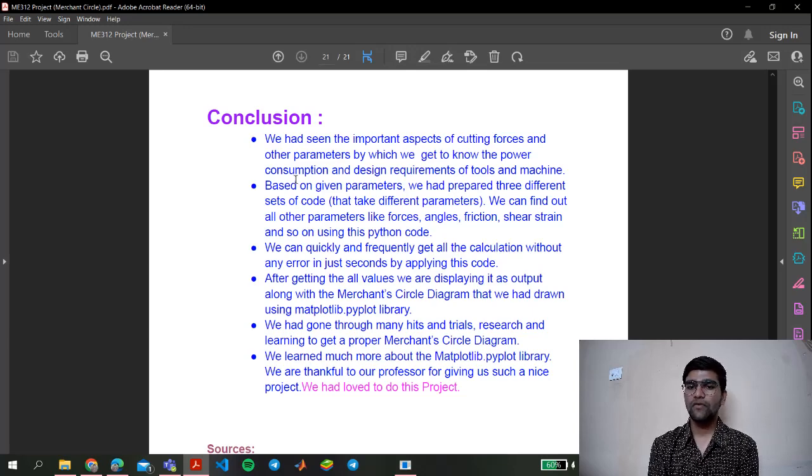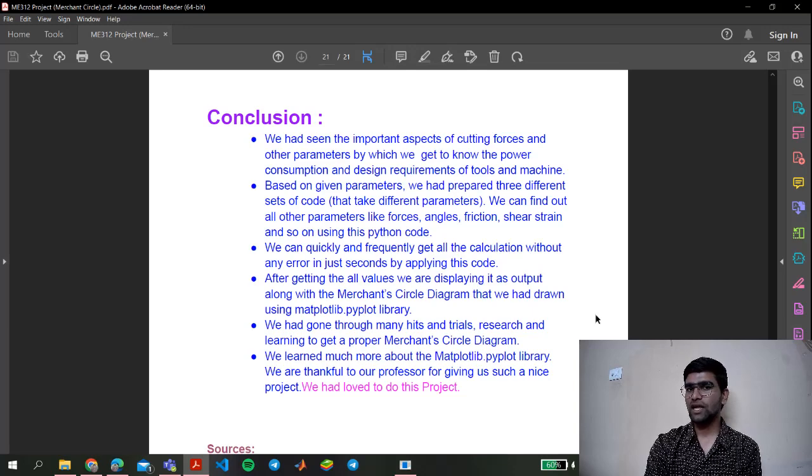The advantage is that human errors in calculation are reduced. We can quickly and frequently calculate all parameters without any error in just seconds by applying this code. After getting all values, we display them as output on the merchant circle diagram using the matplotlib library.